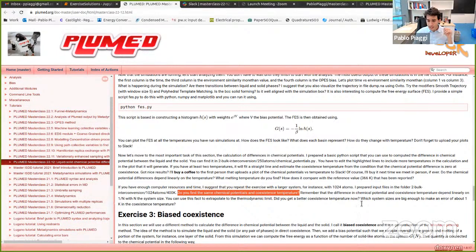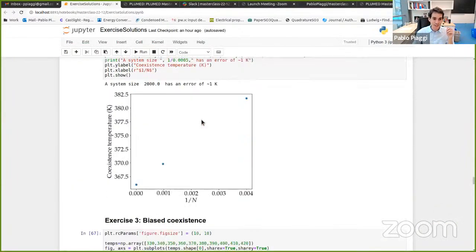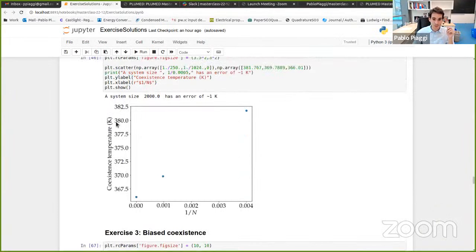And then the last question is, which system size or which system sizes are big enough to make an error of about 1 Kelvin in the coexistence temperature? That's also easy to do. So we plot the coexistence temperature versus 1/n. And I would say that a system size of around 2,000 atoms would give an error in the melting temperature of around 1 Kelvin.